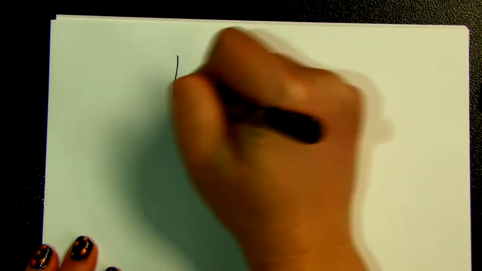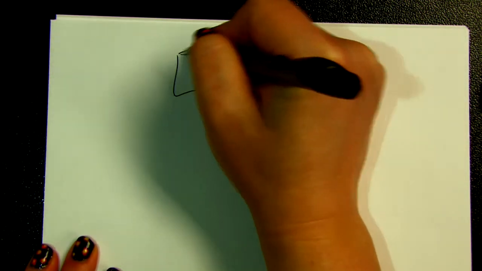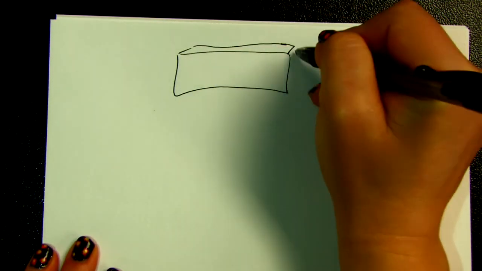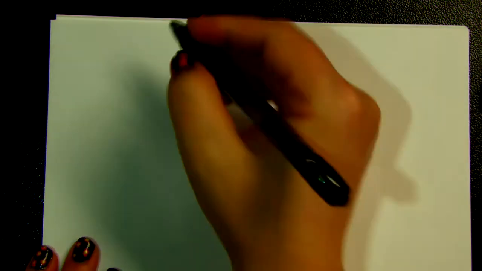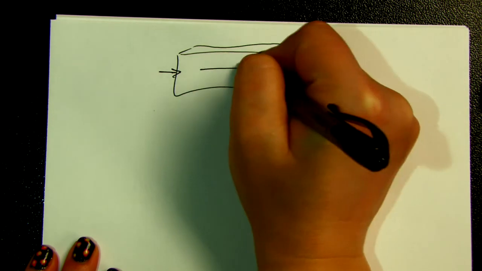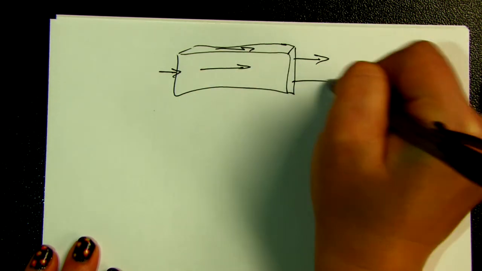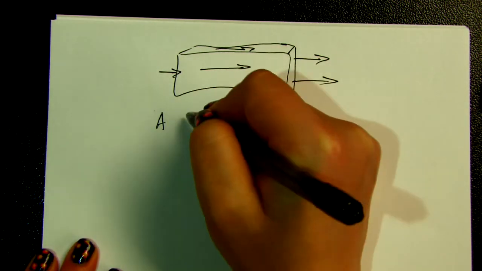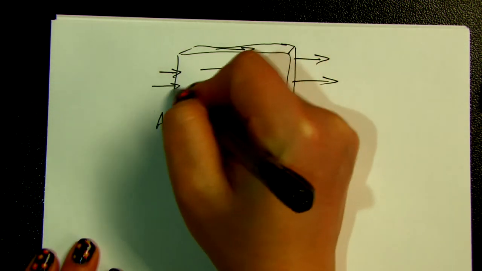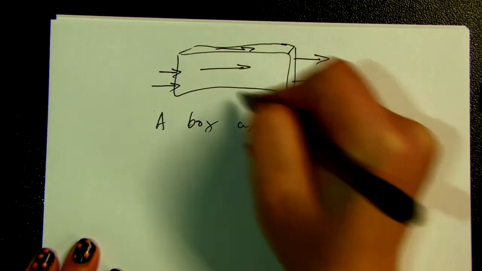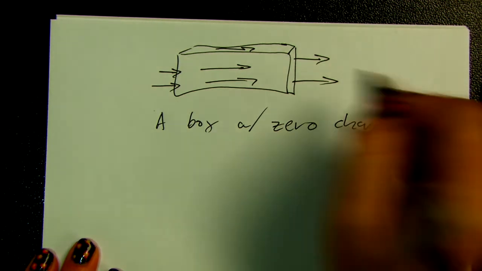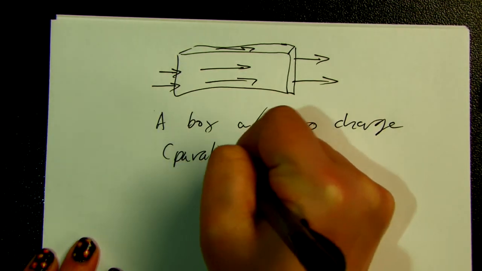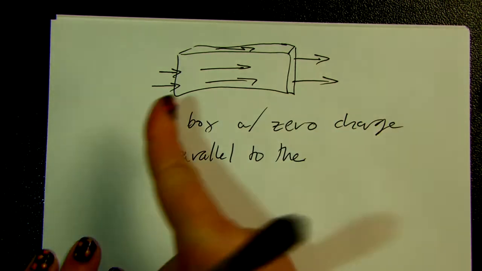All right, it is also possible to have a box in which the net charge inside is 0. For example, if you've got a box where the field is parallel to the surface. So a box with 0 charge. It is parallel to the surface, running right through it.